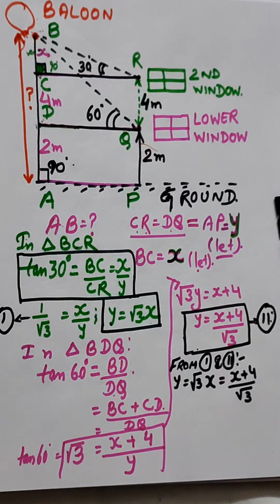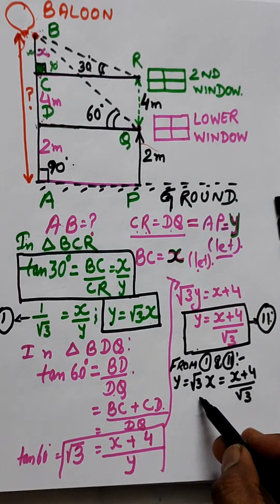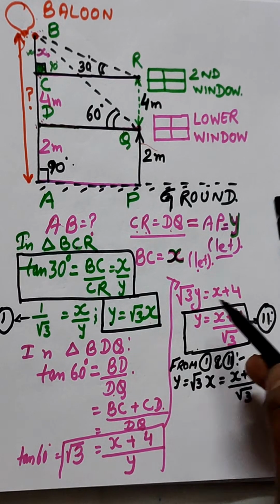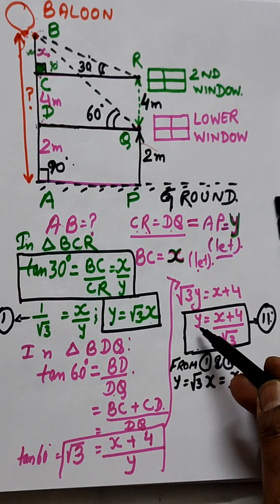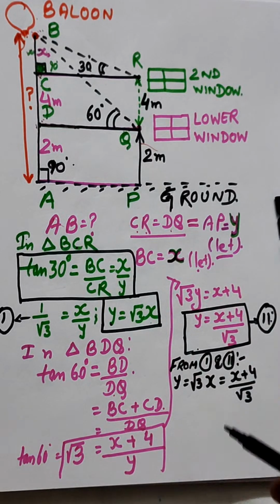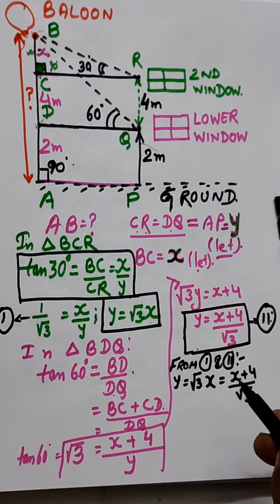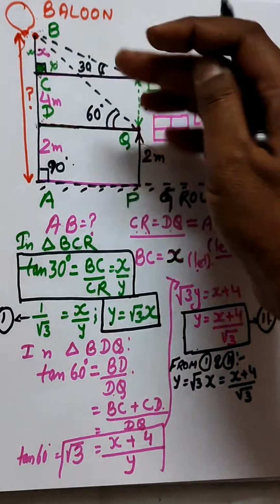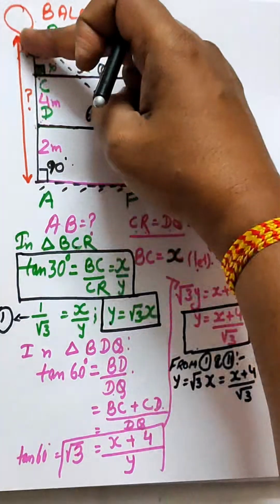Yes, now we are on the right path because we have only one equation with one variable, since we used the substitution method to replace the value of y. Now just solve to get the value of x, and whatever value it is, add it to 4 and 2 to get the complete height A to B. This will be the height of the balloon.